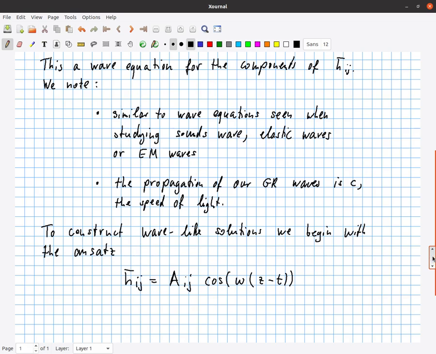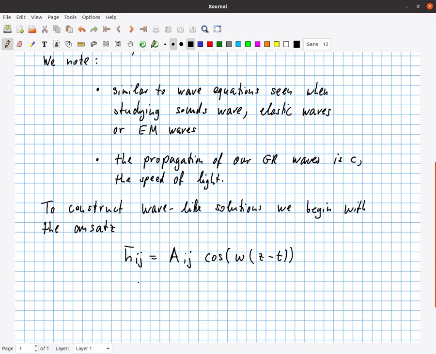Let me tell you what all the quantities are that I've just introduced. A_ij are some tensorial amplitudes, hence the name A for amplitude. You know that every wave that you study comes with an amplitude. These are obviously constant, or we assume them to be constant. And omega you can almost interpret like a frequency or wave number, but this is also a constant.